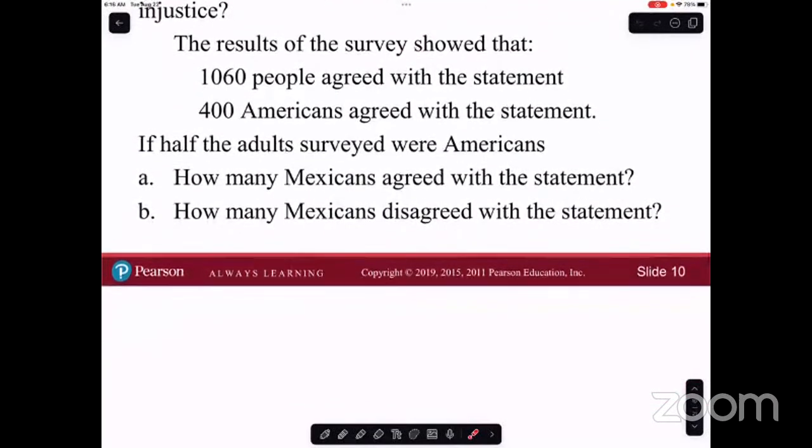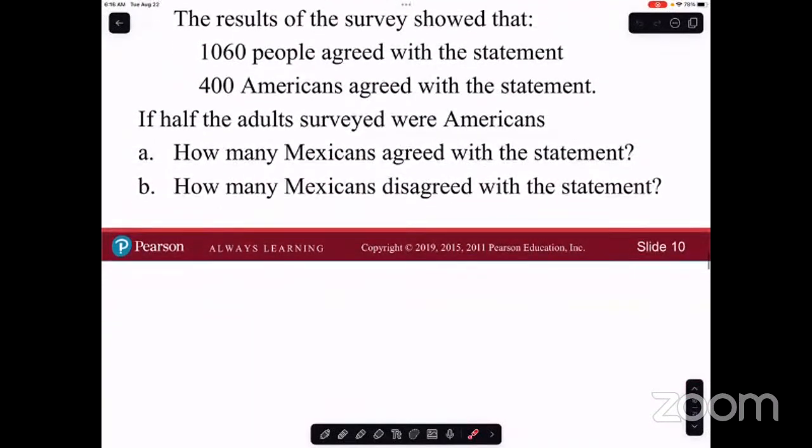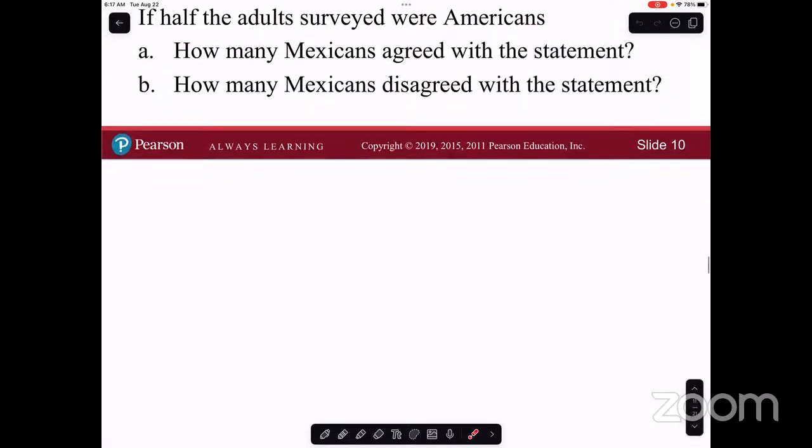I think those are two categories. At one point I wrote it as Americans and Mexicans, but it didn't work. One category is the number of people that agree with the statement, and another category is Americans.